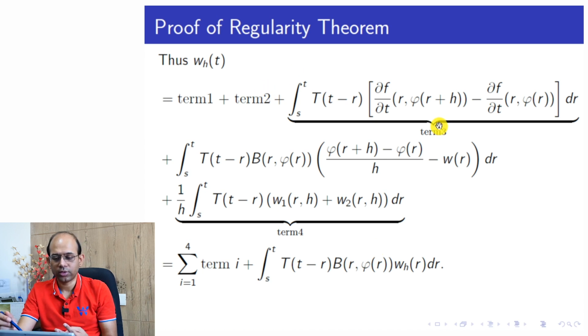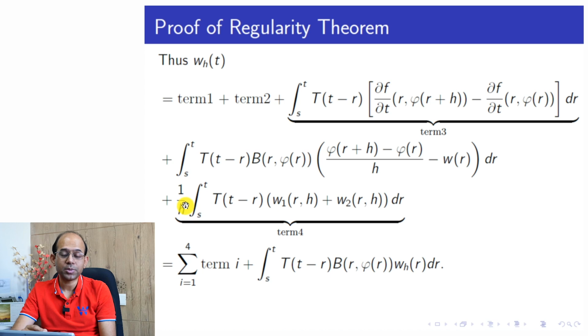For these 3, I have already argued that all these 3 converge to 0 as h goes to 0 in the norm. And then this is precisely WHT, so we are going to replace this by the WHT notation. And then for term 4, by virtue of the differentiability we know that these error terms, 1 over h W1 goes to 0, 1 over h W2 also goes to 0.